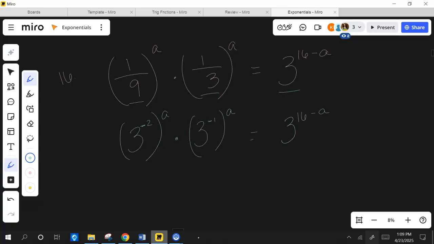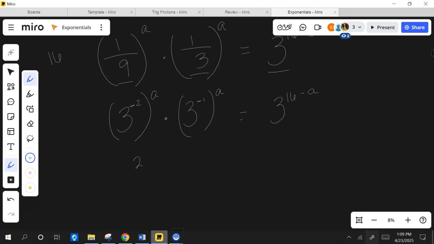And this one stays the same. All right, so I've got 3 to the -2a times 3 to the -a equals 3 to the 16 minus a. Whatever shall I do? Dang it. I already got messed up. I wrote the A as a 9. That's fine.